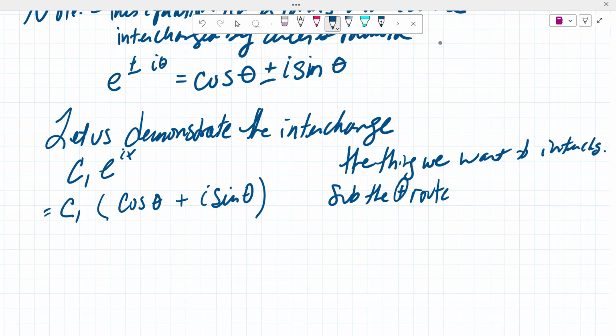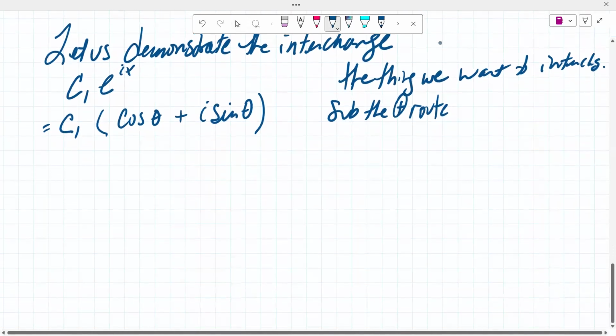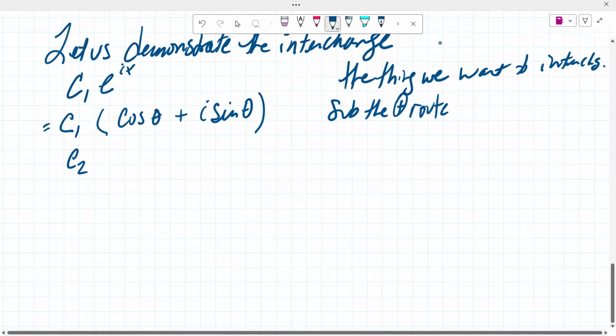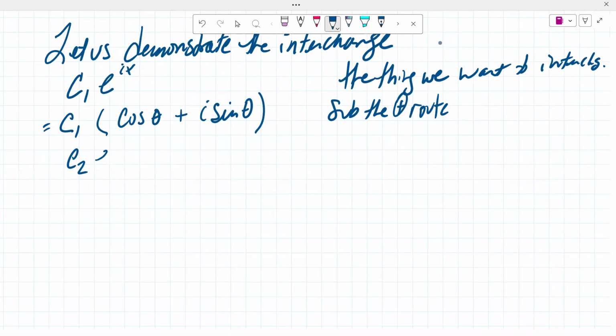So next, we also need to do the same thing for the C2 term. C2 e to the negative ix. So here's our negative route. This is another thing we want to interchange.